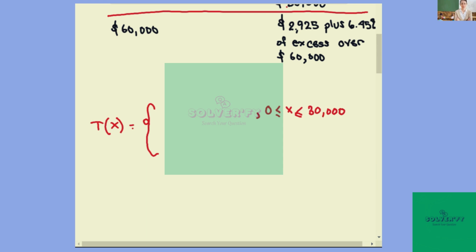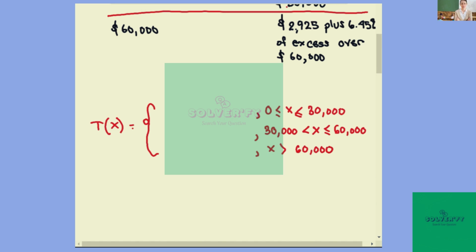A second category, wherein the amount is above 30,000 but smaller than or equal to 60,000. And finally, category 3, wherein the combined taxable income is higher than 60,000.